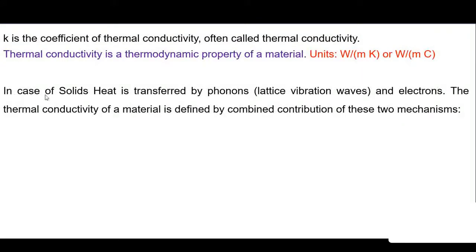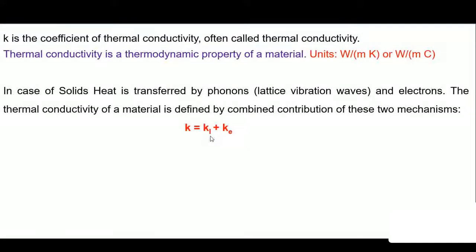In case of solids, heat transfer is by phonons, that is lattice vibration waves, and because of the electrons. In case of metals, the thermal conductivity of the material is defined by the combined contribution of these two mechanisms, kL plus ke. kL is the component of the thermal conductivity because of lattice vibration, and ke is the component standing for the electronic component, the movement of electrons.